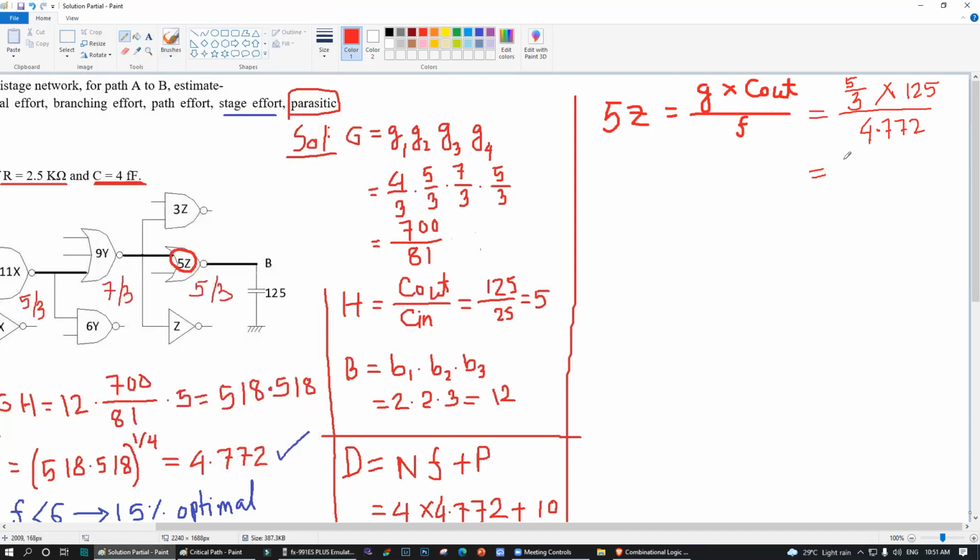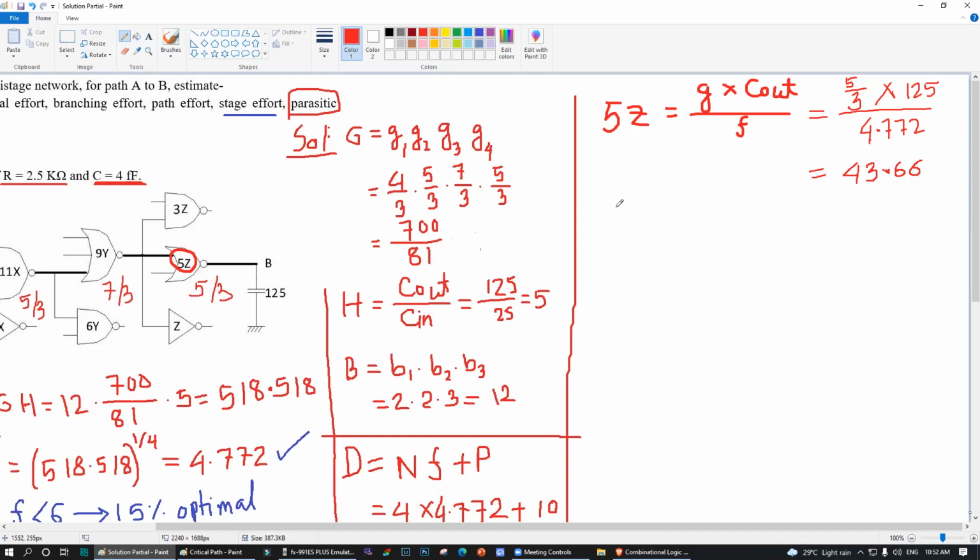So let's write... No, this is the 5G totally. Okay. As a whole, it is 5G. 5G is equal to 43.66.